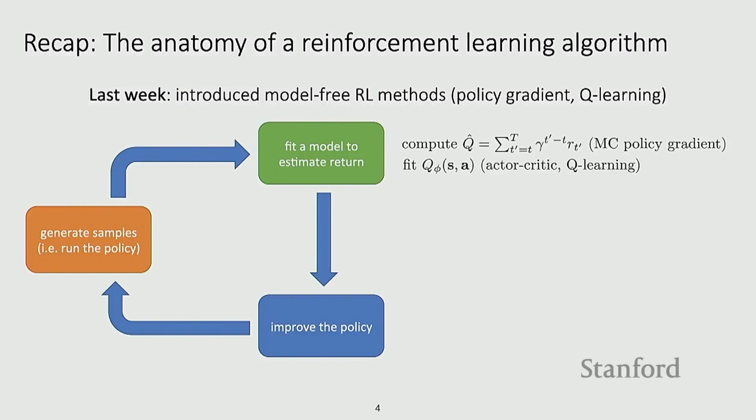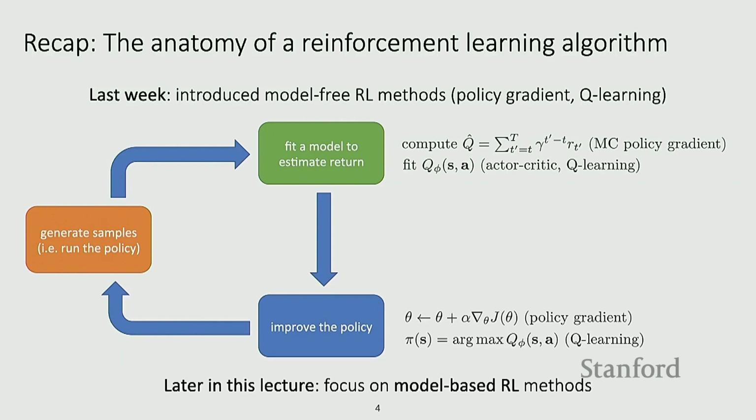And then once you have this estimate of your future return, you can use that to either update your policy using a policy gradient directly, or by taking the actions that will maximize your Q value. Now, in this lecture, we're going to be focusing on model-based RL methods, which will incorporate a different kind of model in order to improve the policy.